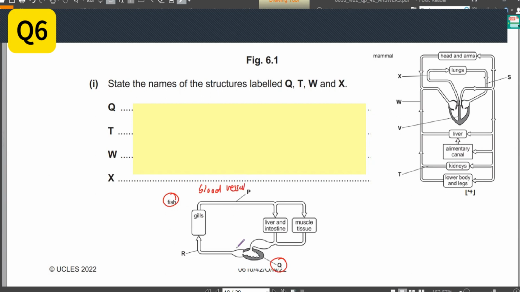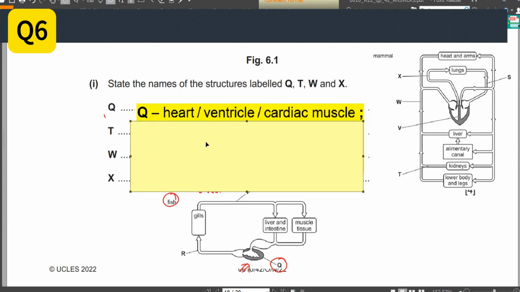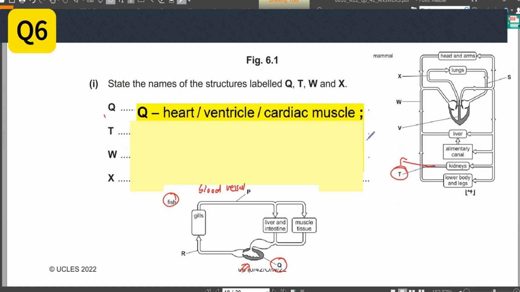The structure with muscles here, straightforward, is going to be the heart, the heart that pumps the blood to circulate. T: here we can see this is the blood vessel leaving the kidney. The blood vessels leaving an organ and returning back to the heart are all veins.